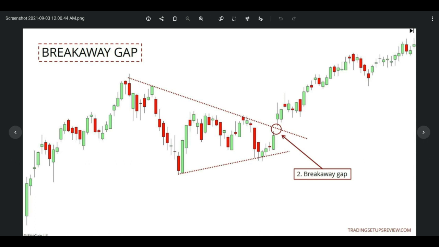Statistical notes. Breakaway gaps tend not to close the gap quickly, oftentimes taking 6 months or longer. Larger gaps tend to perform better than smaller gaps, and gaps that occur near a 12-month high or low perform better. And so again, you're looking at the breakaway gap.